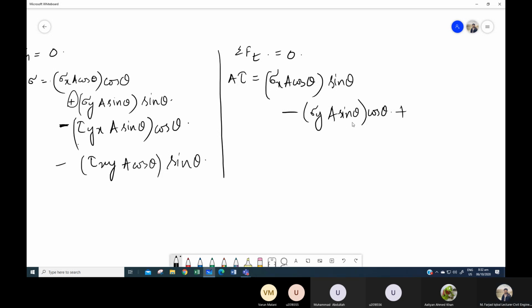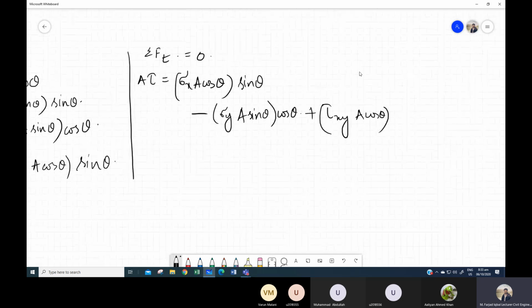And the other two forces will have tau xy, a cos of theta, and again the component would be cos theta, and the fourth force will be minus tau yx, a sine of theta into sine theta.